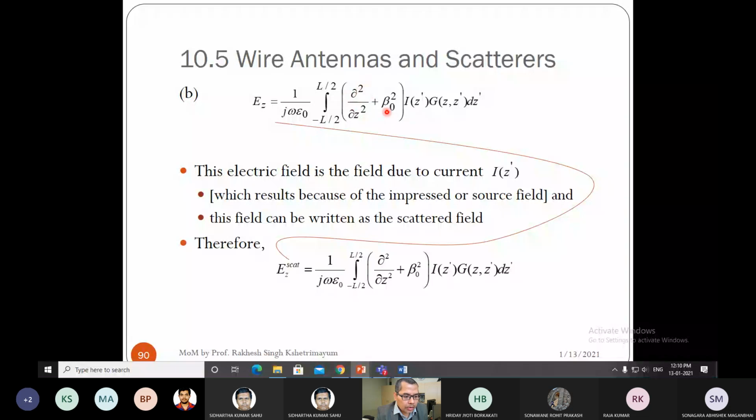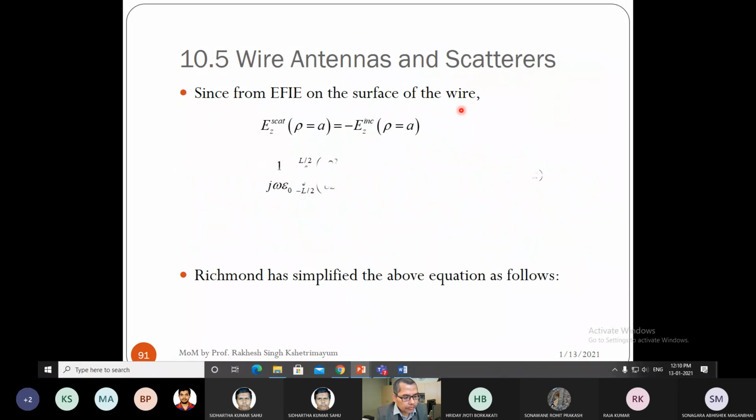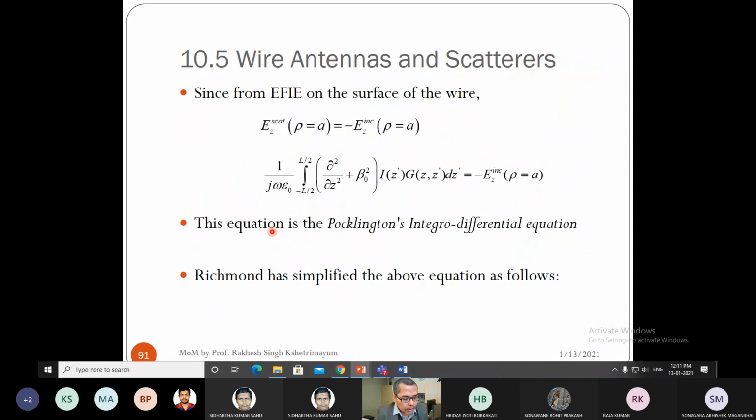After I do the double differentiation of I(z') G(z, z'), I can have a simple integral equation, not an integral differential equation. I can get rid of this differentiation. So this is called Pocklington's integral differential equation. As I told you in the last class also, there is a simpler expression for this.